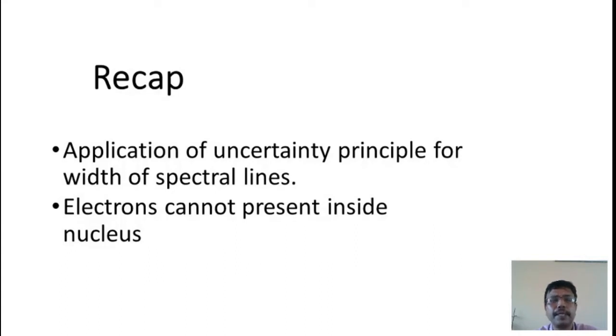The delta px is equal to h by 4 pi into 1 by delta x. Substitute the value of h: 6.625 into 10 power minus 34 by 4 pi into 1 by 2 into 10 power minus 15. The answer is roughly 2.64 into 10 power minus 20 kg meter per second.